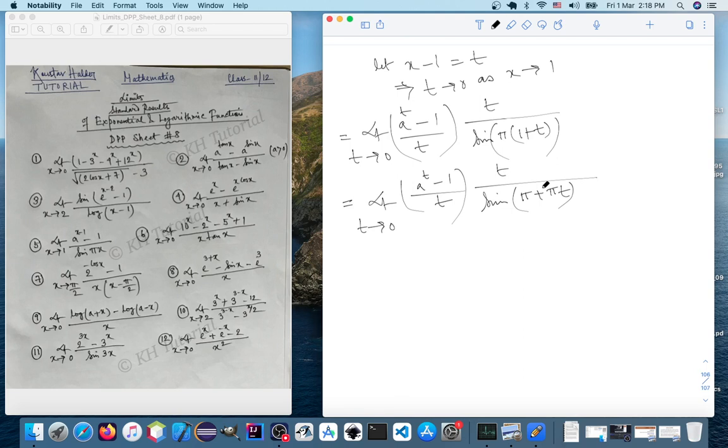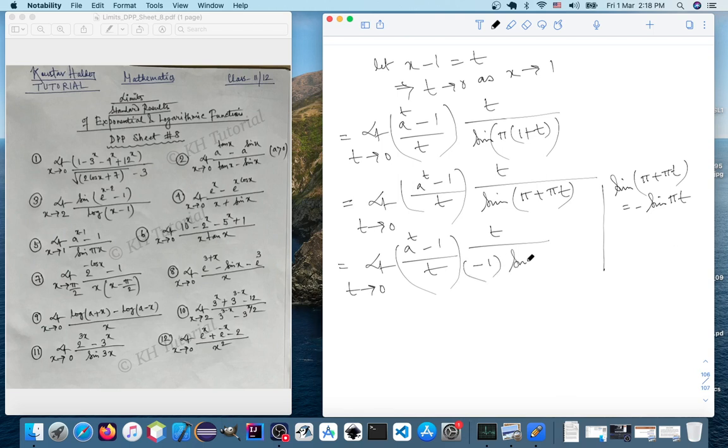So sine of pi plus pi t becomes minus sine pi t. So we have a to the power t minus 1 by t, over minus sine pi t. Now it's fine, we can use the sin x by x limiting result.